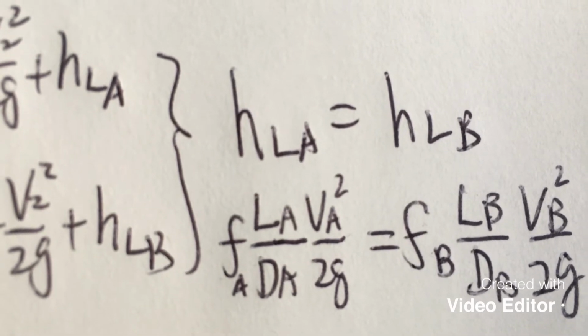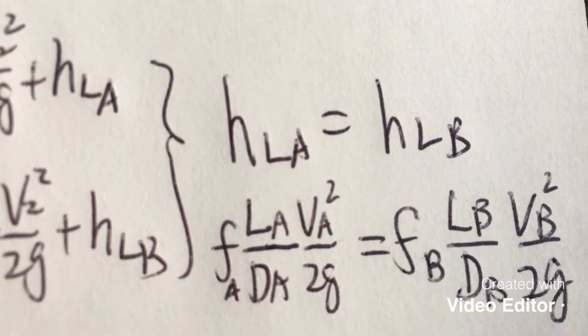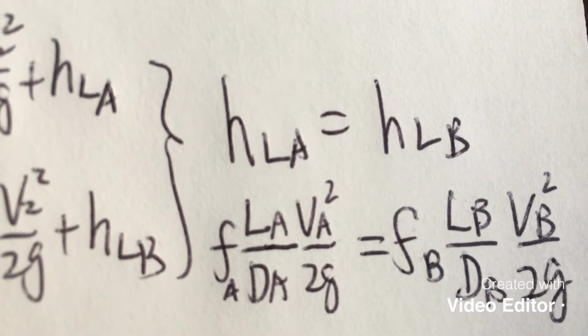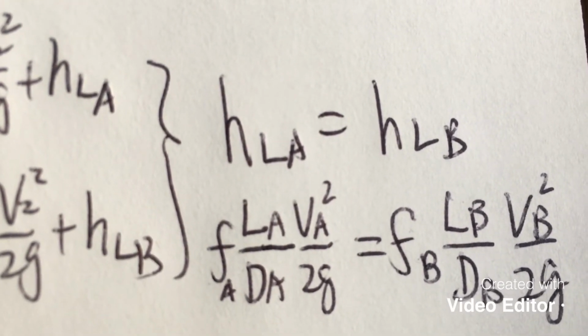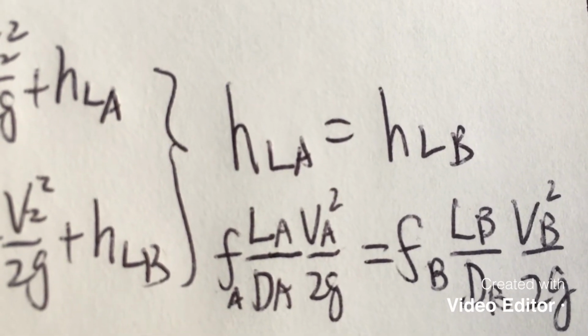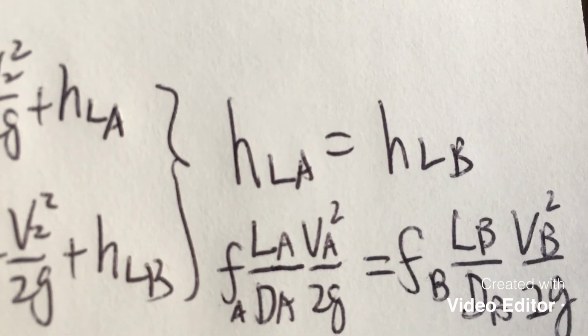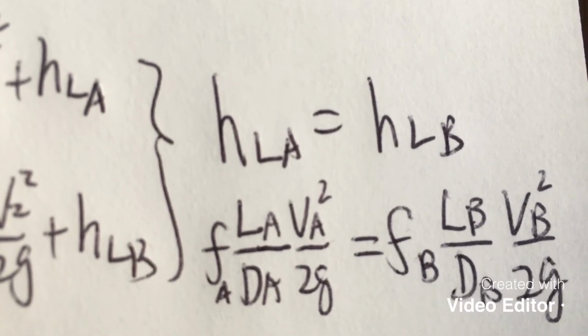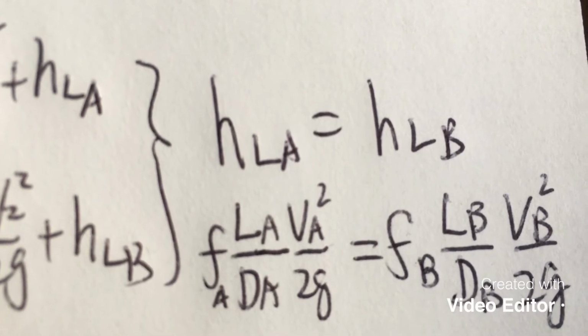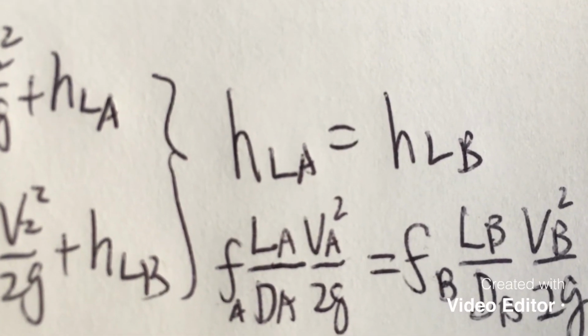If DA is greater than DB, what happened to the velocities in the two branches? If DA is much greater than DB, then VA has to be greater than VB, right? Velocity has to be bigger in the larger diameter pipe. Okay, that makes sense. If you have a parallel piping system, the larger diameter branch will capture larger flow, larger velocity, right?